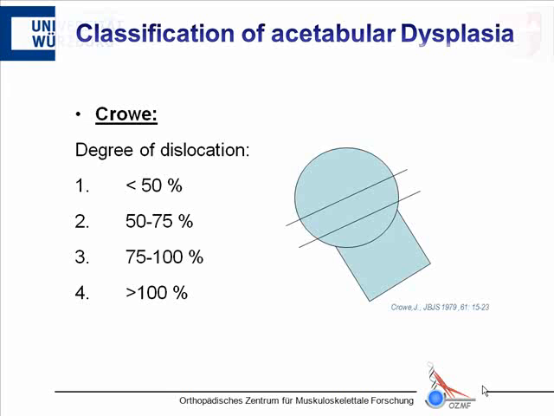Another one that many of you might know, which is more used in English-speaking countries, is the one of Crowe, which describes the degree of dislocation according to the coverage of the femoral head, which is divided into quarters, and it sort of compares to the one of arthroplasty.